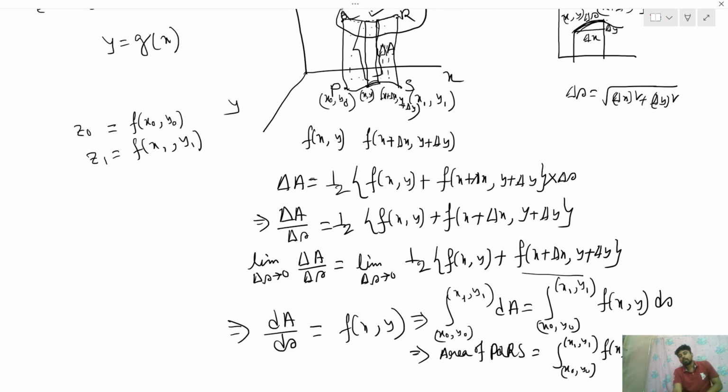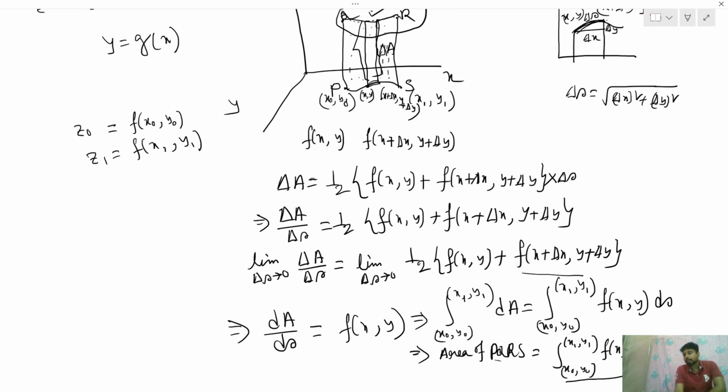And this is called the line integral of the function f of x y along this line or along this curve y equal to g x, where the initial point in this curve is x0, y0, and the terminal point in this curve is x1, y1.